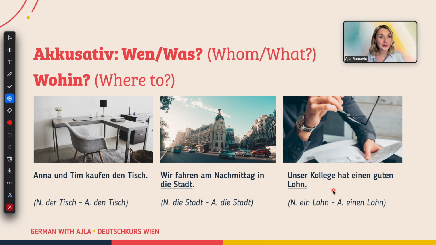And we are almost at the end of today's lesson. Before we wrap this up, I just wanted to give you one more piece of information when it comes to using accusative. We have learned how to use nominative and accusative in terms of the roles that they are playing in a sentence. So is it a subject or an object, and so on.